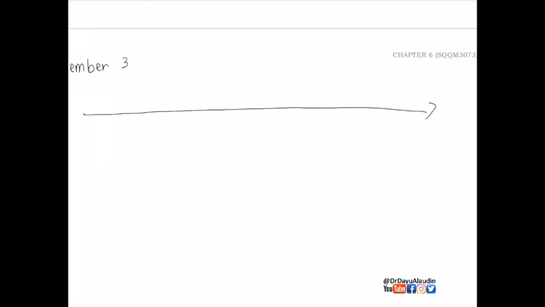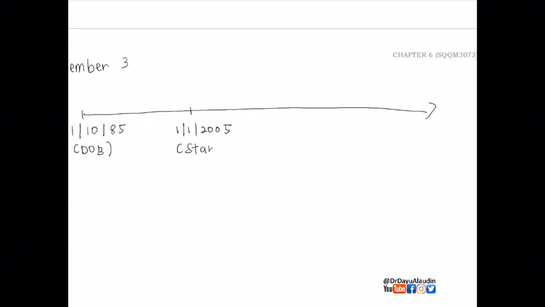Okay, now we go to member 3. If we draw the timeline, he was born on 1st October 1985, the date of birth. The observation starts on 1st January 2005, which is also the join date, until 1st October 2006.